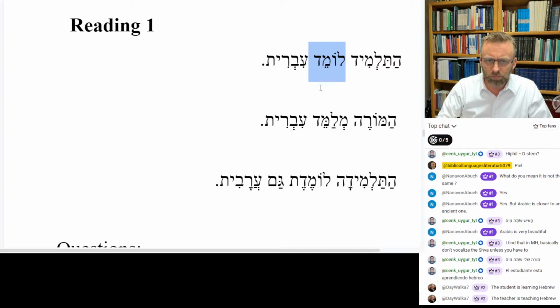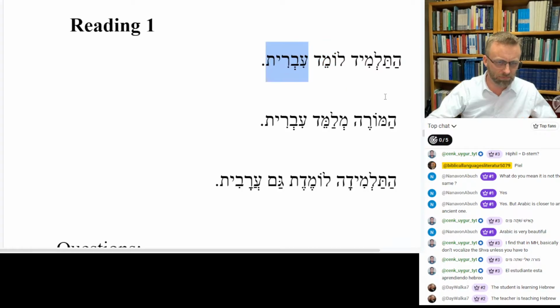Okay. All right. And so then we get the vowel pattern, and the O-E vowel pattern, lomed, is characteristic of the G stem. Okay? Hatalmid lomed ivrit. And then that means Hebrew, of course. All right, next one. Hamore melamed ivrit.